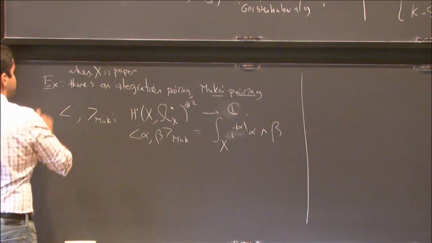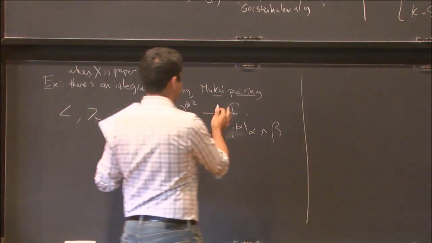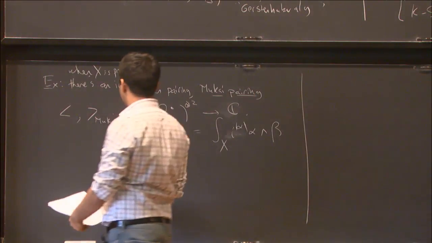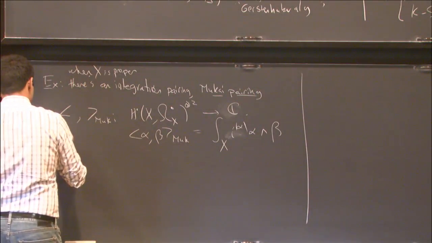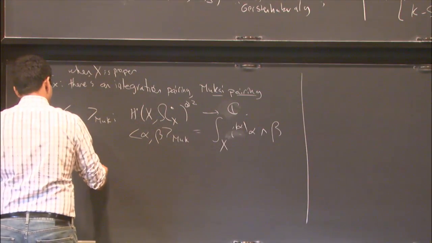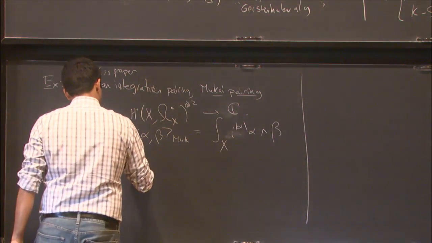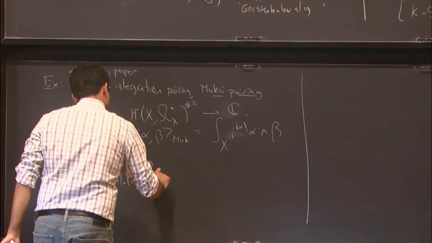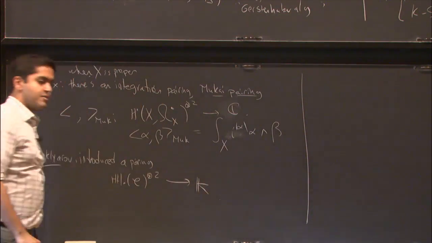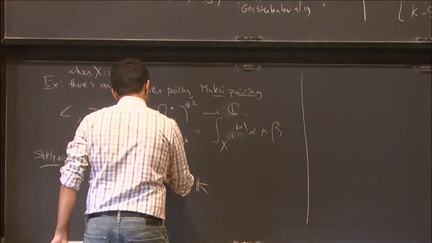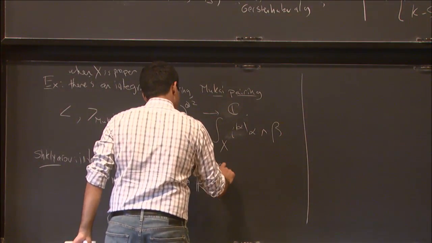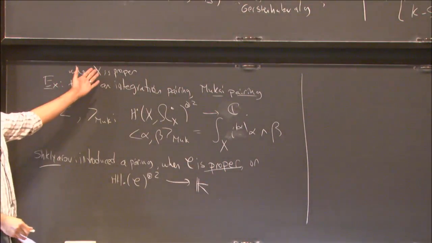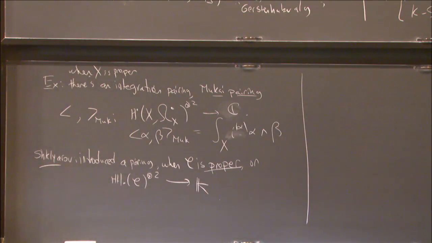OK, and so this philosophy that OK, so this is some sort of bit of calculus. There's some philosophy that it should come from something purely on the category. OK, so Shklyarov introduced a pairing defined completely in terms of the category on the Hochschild homology of any proper category. That corresponds to the fact that you can only integrate like this when your variety was proper.